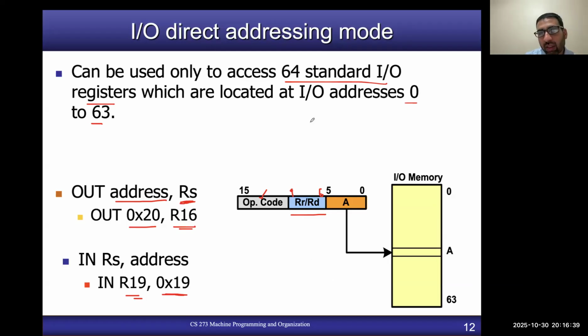Again, remember that the AVR microcontroller has 64 standard IO registers. If you have 6 bits, you can make 64 different combinations, or you can address 64 locations. That's why this addressing mode can be used only with the 64 standard IO registers, because you have only 6 bits in the instruction code to specify a register.